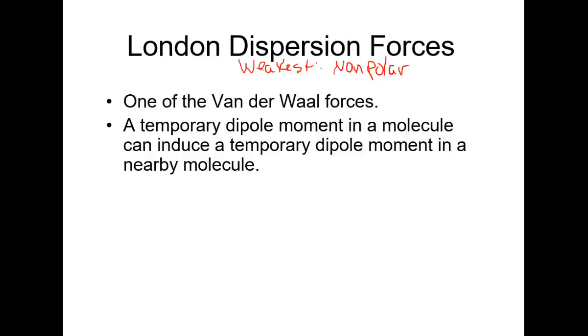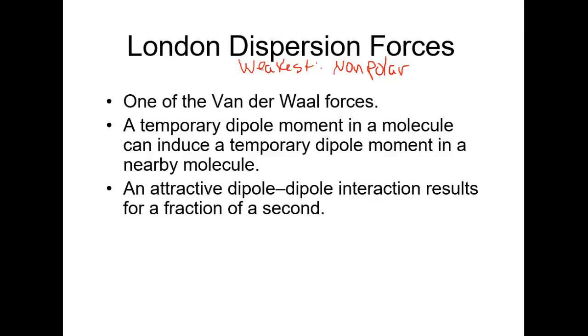The electron cloud is waving back and forth, and it's not really on any particular atom. So once you form a more negative side of a molecule, that repels electrons on another molecule, creating more of a positive end, which then creates a temporary London dispersion force. So an attractive dipole-dipole interaction results just for a fraction of a second.